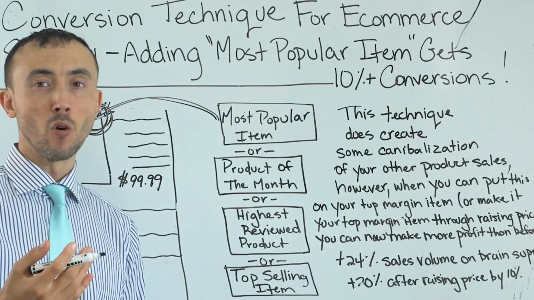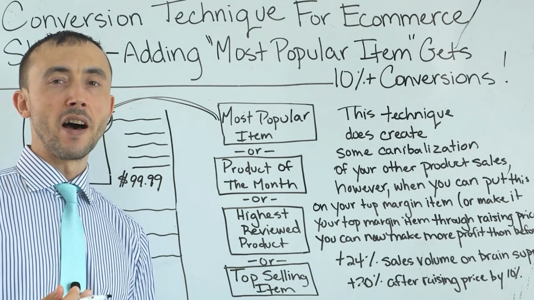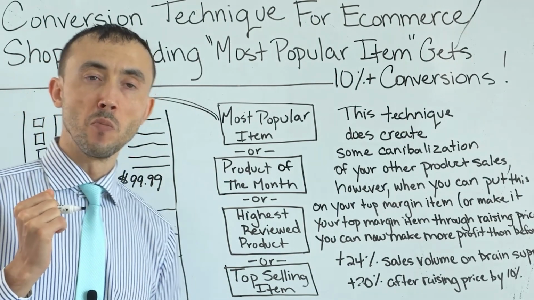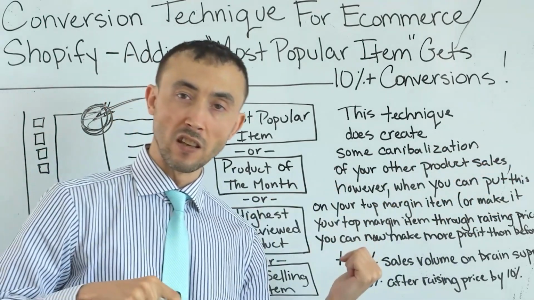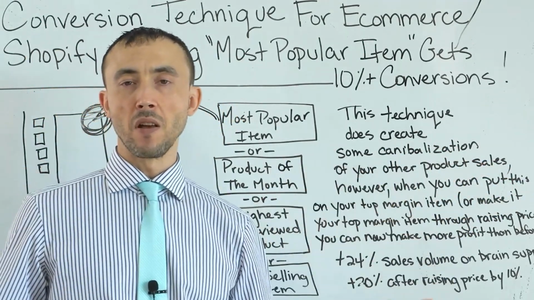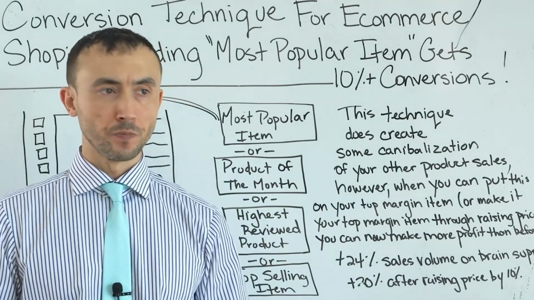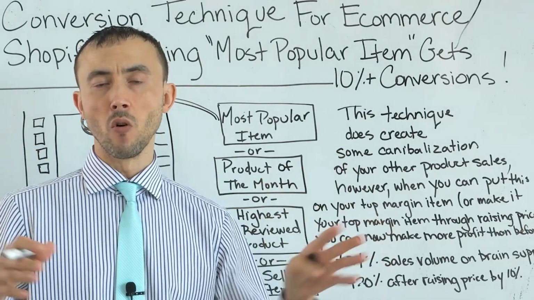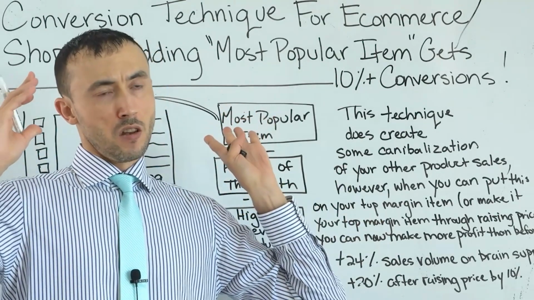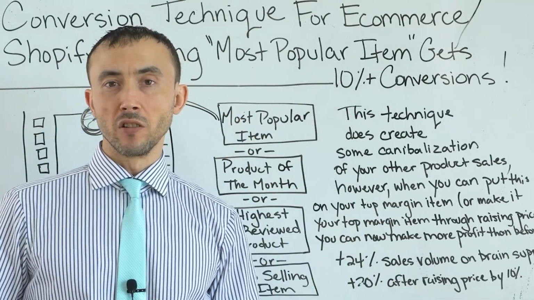But if you have a store where you sell multiple items, particularly multiple items in the same category, like in this case study that we had, brain supplements, or it could be parts for a boat, or pottery wheels, if you're selling those.